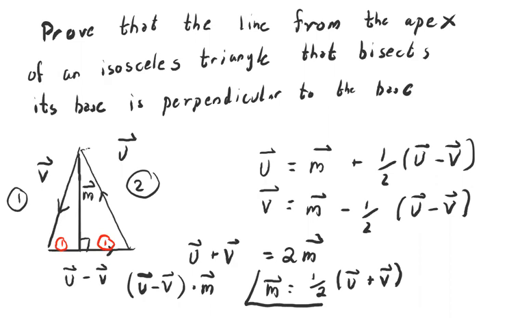But the key thing is that this vector M is 1/2 of U plus V.